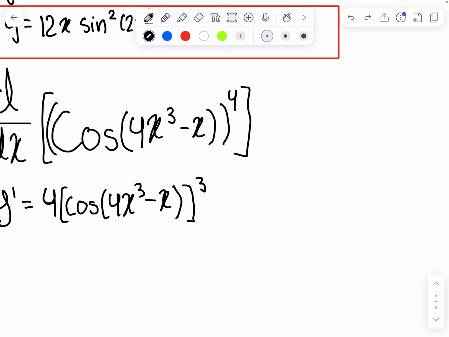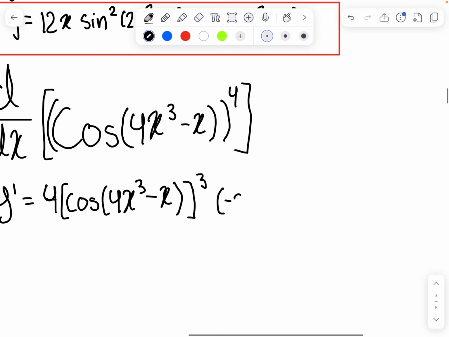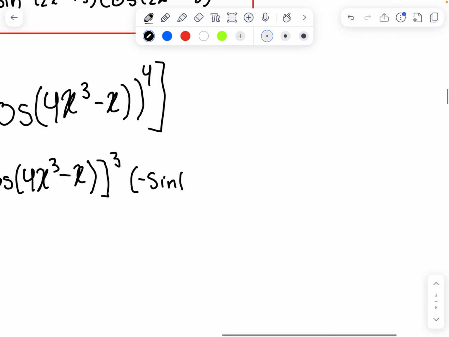So that'd be multiplied by negative sine of 4x cubed minus x, and then multiplied by the derivative of this.